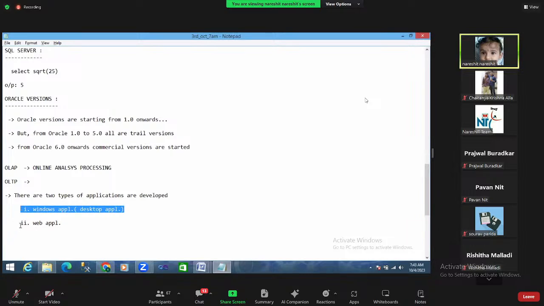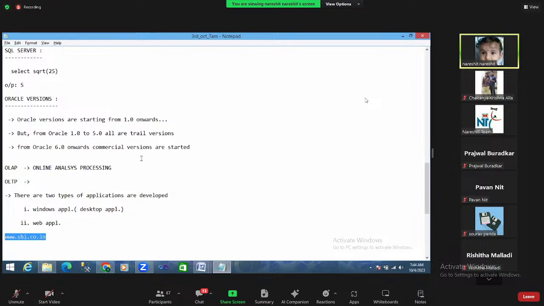Now, what about the second one? Web applications. These applications we can execute through browsers first of all, either Google Chrome, Mozilla, IE, or Opera. But how to execute these applications? By using an address, www.sba.co.in.